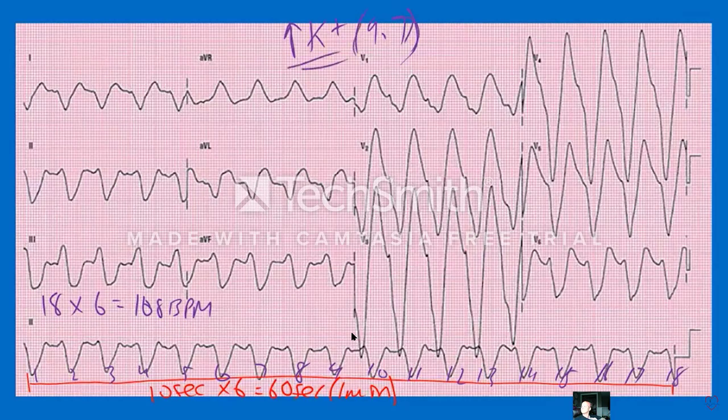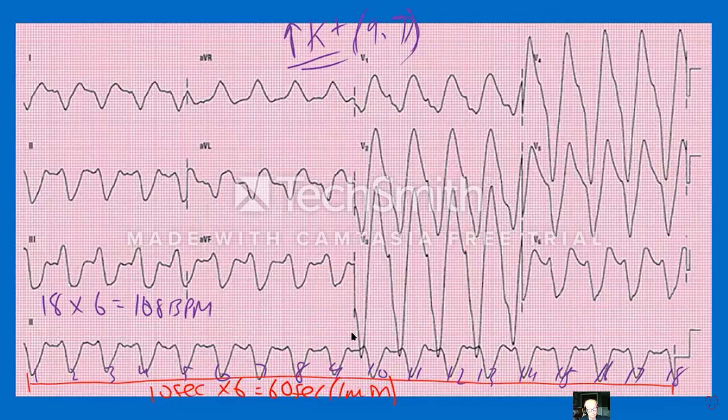So hyperkalemia is the cause of this patient's wide complex tachycardia, and this needs to be treated immediately, before the patient goes into asystole and ends up dying. So make sure you treat any wide complex tachycardia just as you would with VTAC until you find another reason for the cause of this.